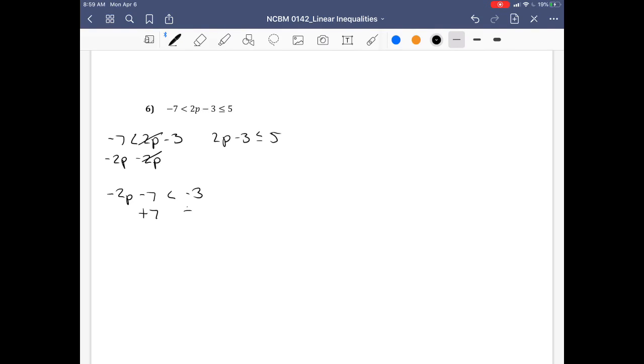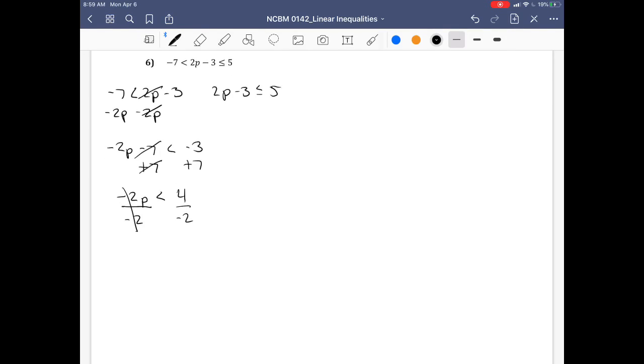Plus 7 to both sides. Negative 2p less than 4. Divide by negative 2 on both sides. Since I'm dividing by a negative, I must change the direction of the inequality. So it was less than before, now it's greater than.